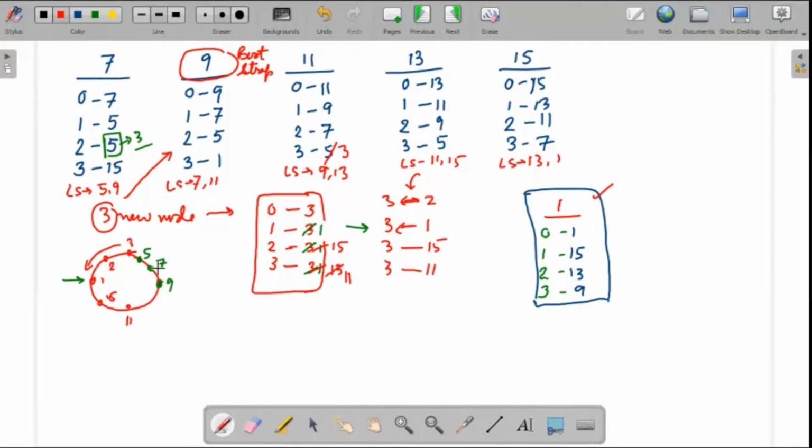So when 3 comes, it does not have a leaf set. It only knows it is the only guy. When it talks to 9, it will get information about 7 and 11 also. So it will send its information to 7 and 11 also in this case. Okay, but they will not change because they have no better option, except for 7, the information about 3 will come.